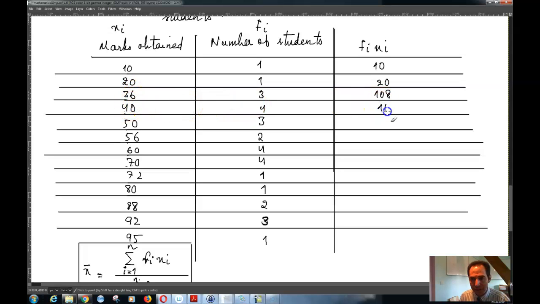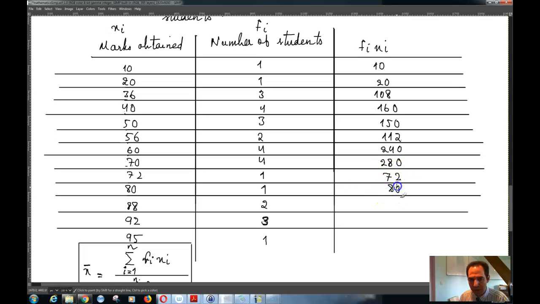That's 160, that is 150, that is 100, that's 12, so that's 112. That is 4 times 6 is 240, that is 280, that is 72.